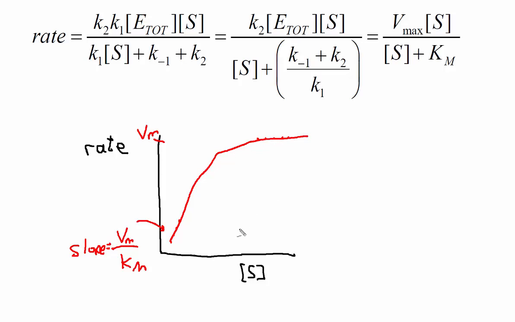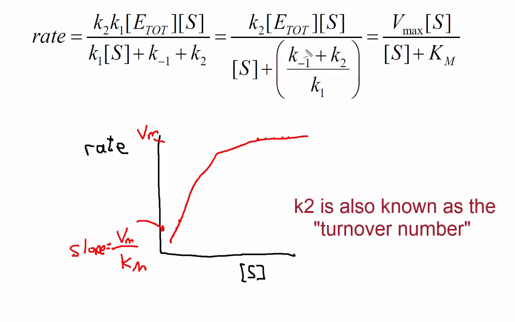Now look at what we can get from the experiment, right? First off, by just adding substrate until this levels off, the rate at which it levels off is Vmax, and Vmax can give us K2 because we know how much enzyme we put in. Vmax is K2 times the total amount of enzyme.